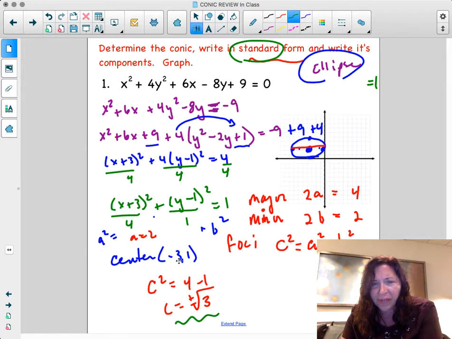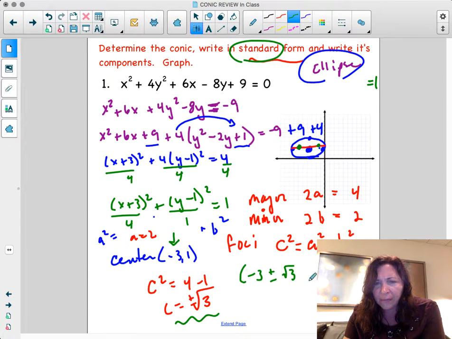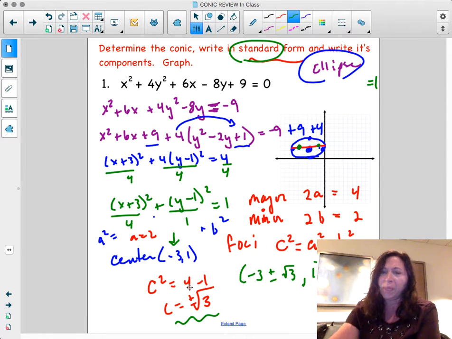My center is at negative 3, 1, and my focal points are always on my major axis, so I add those to negative 3. If my major axis was on the y-axis, then I would add those numbers to 1. So we get negative 3 plus or minus the square root of 3, comma, 1. And those are the points where my focal points are going to be.